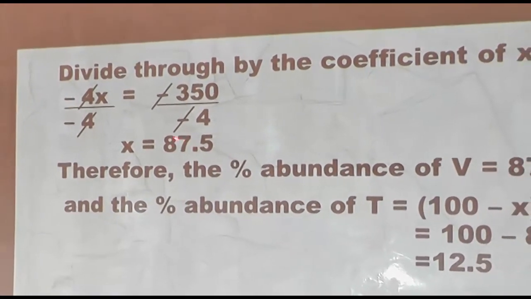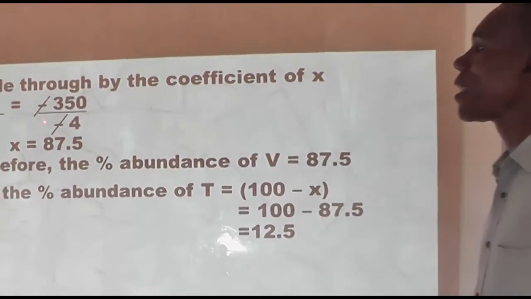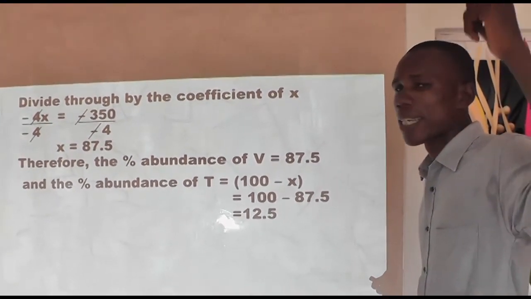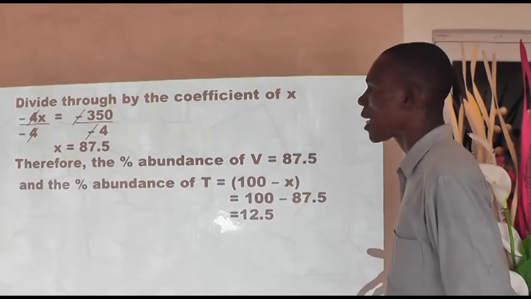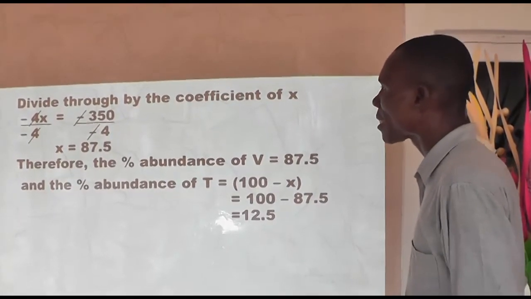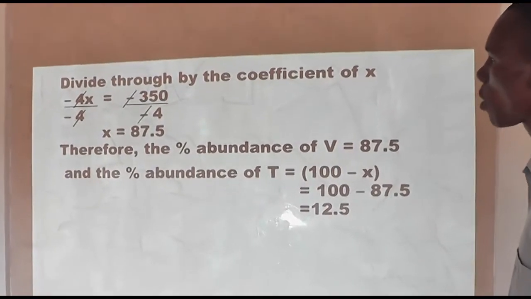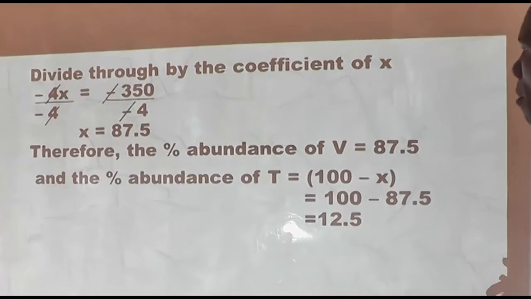The percentage abundance of the first isotope, remember we said, let it be x. Therefore, the percentage abundance of the first isotope is equal to 87.5%, because x is equal to 87.5%.